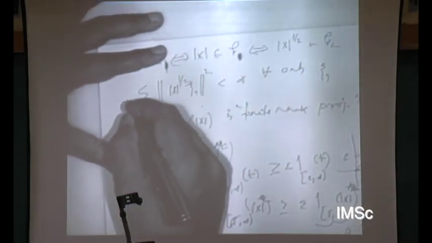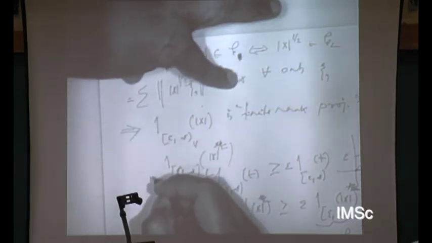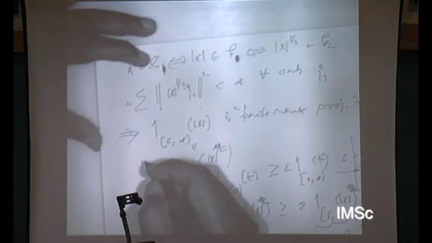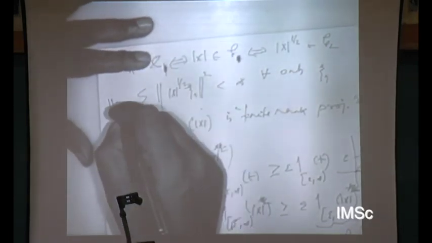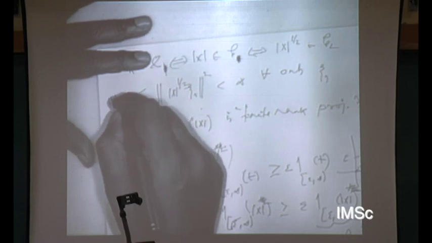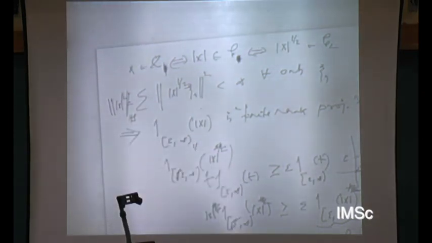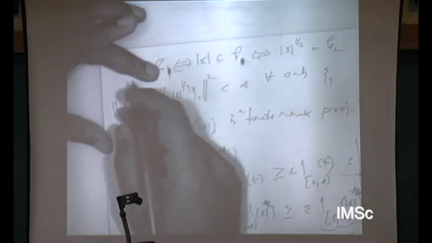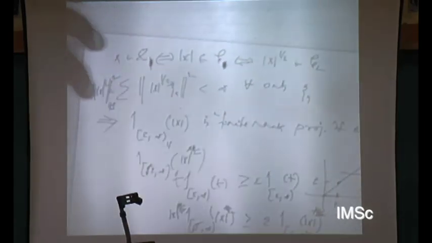A Hilbert-Schmidt operator is by definition one for which this quantity is finite. So let's call it the Hilbert-Schmidt norm of mod x to the half. I define the Hilbert-Schmidt norm by actually the square. Only the square will be a norm.